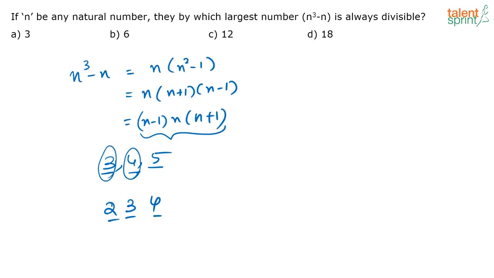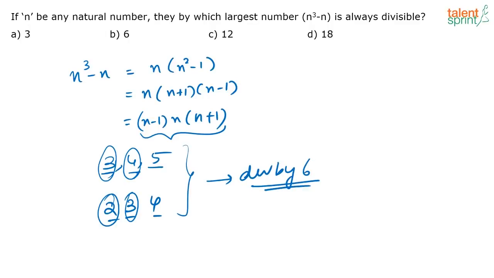For sure it will be there. So definitely any set of 3 consecutive numbers will be divisible by 6, because it is divisible by 3 and 2. So 6 will be the largest number by which this n cube minus n will always be exactly divisible.